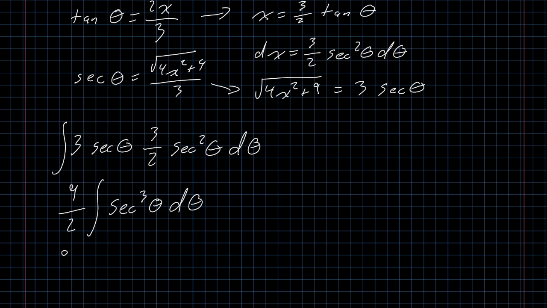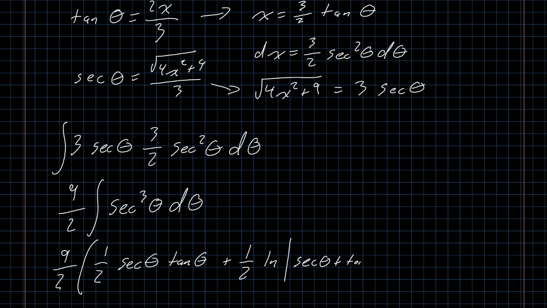All right, so my 9/2 is going to stay in front. And then I'm going to have 1/2 secant theta tangent theta plus 1/2 natural log of the absolute value of secant theta plus tangent theta plus our constant of integration, which technically should be in those parentheses, but 9/2 times an arbitrary constant is still an arbitrary constant.